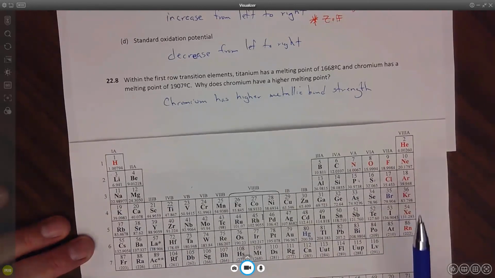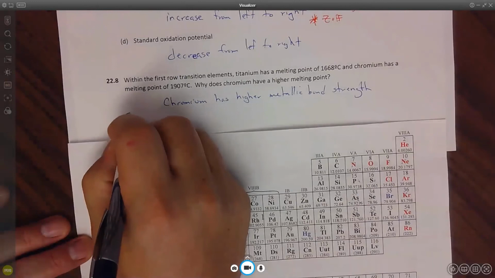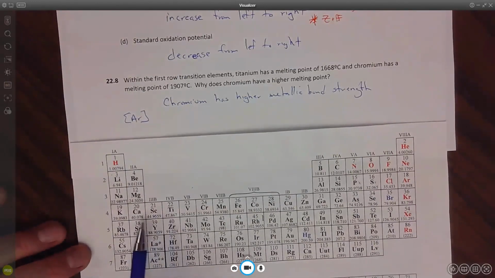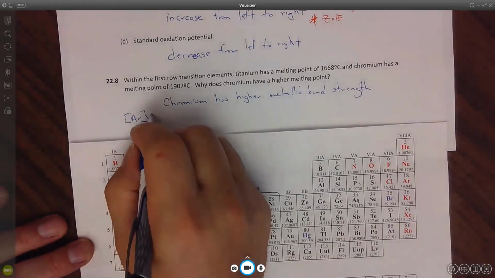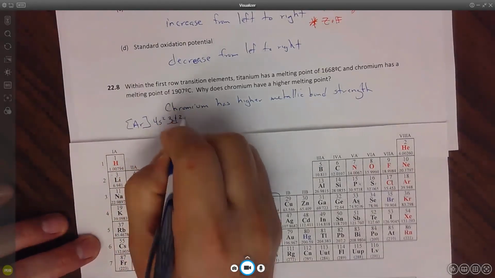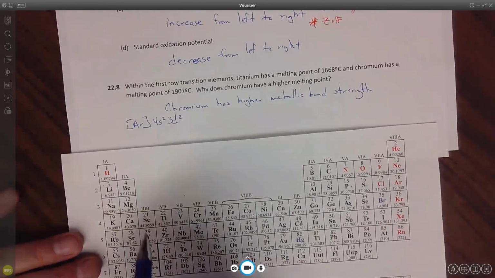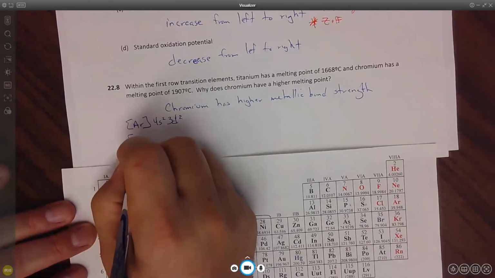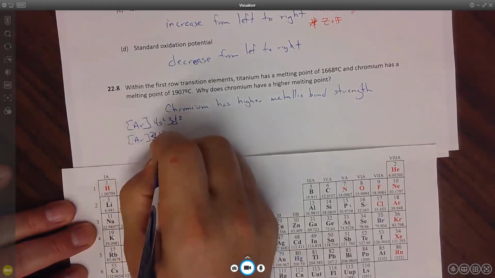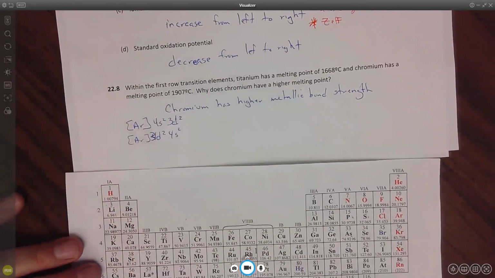It would be argon. Oh, argon. And then 4s2, 3d2. Right. Now the reality is, of course, that it is argon 3d2, 4s2. So how many unpaired electrons?